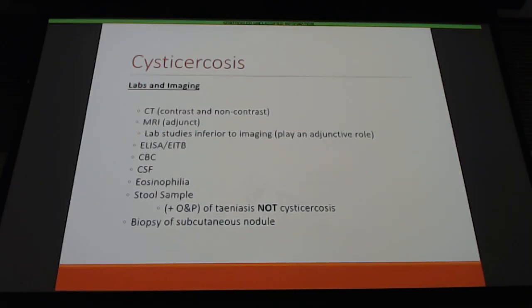Now, what you need to remember with cysticerci or neurocysticerci, this aspect of the disease process, you are not going to have positive stool sampling, right? When we're the intermediate host, this thing hatches in our gut, and then migrates to a body cell.